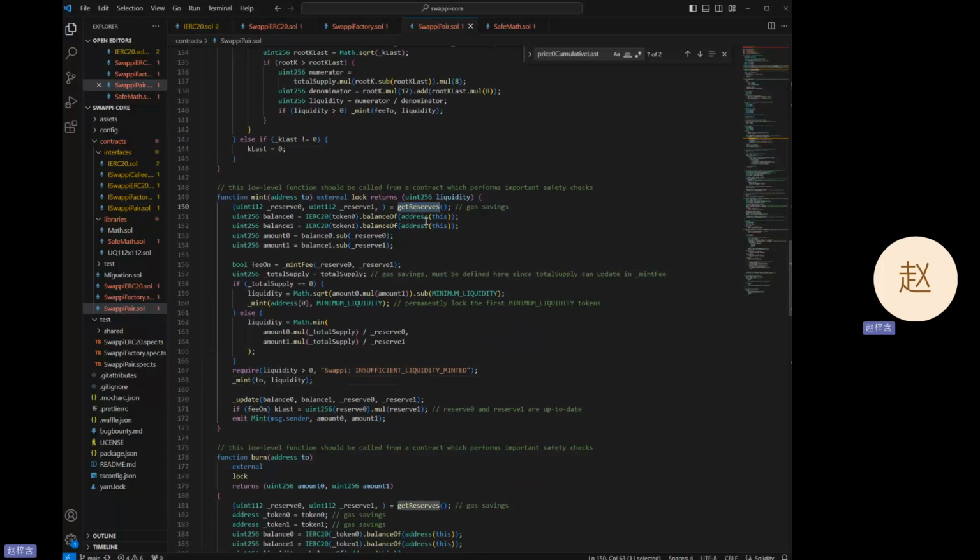So first, use get reserves to get reserve 0 and reserve 1. Actually, the contract can directly read reserve 0 and 1.